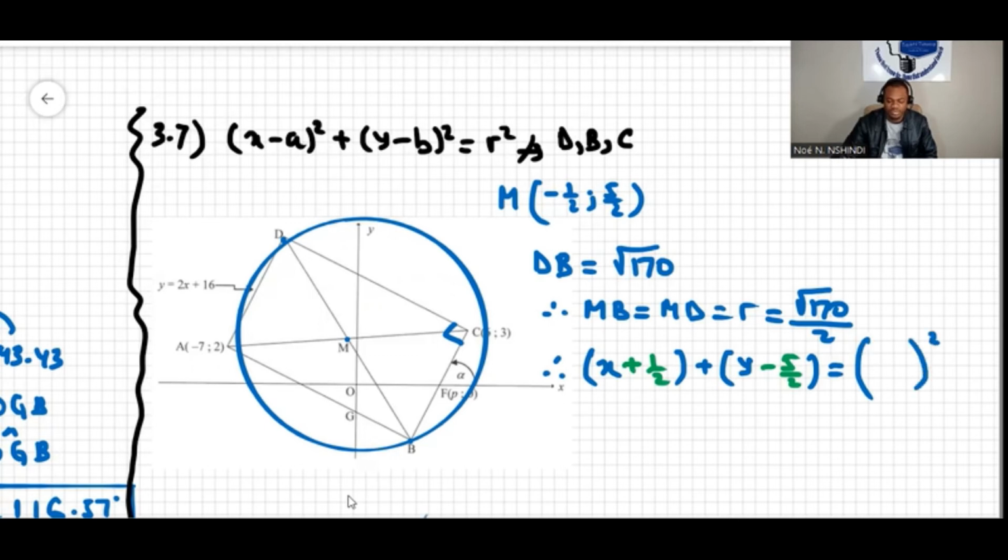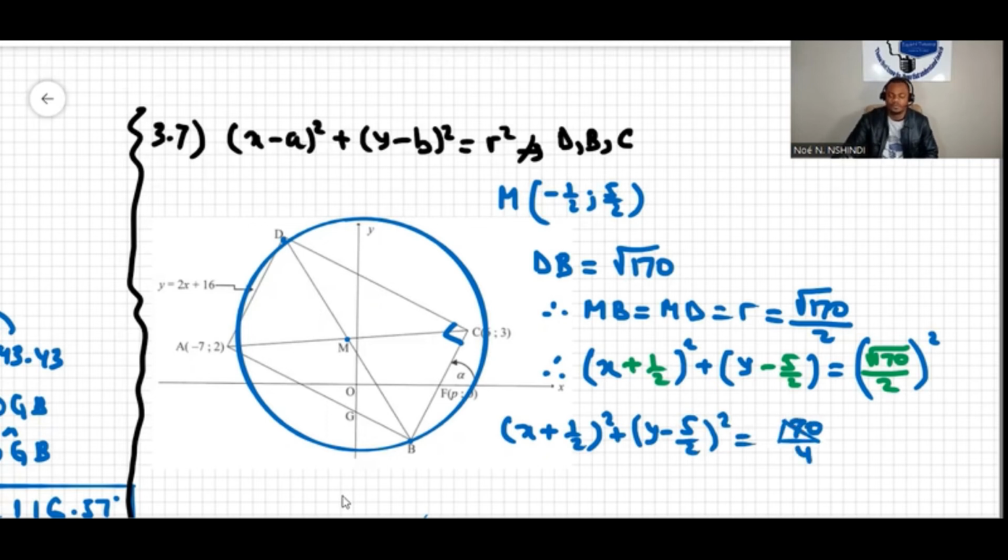So this will be root of 170 over 2 to the power of 2. So that makes x plus a half to the power of 2 plus y minus 5/2 to the power of 2 equal to 170 over 4.